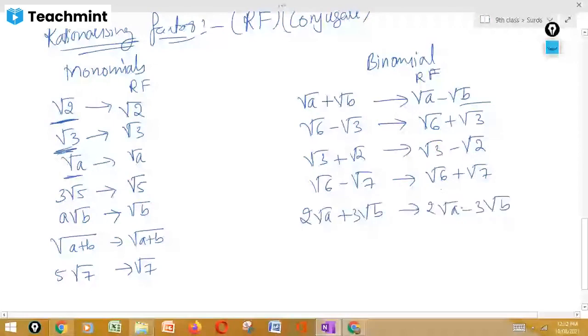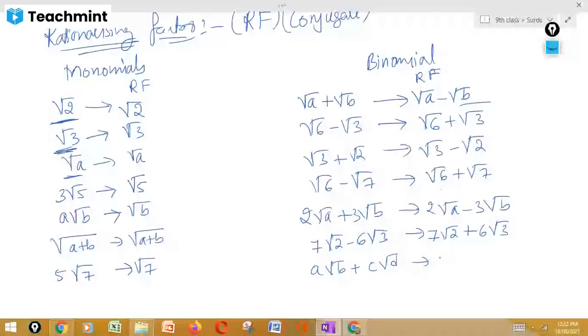Yes, sir. Now tell me the conjugate of this example: A root of B plus C root of D. The conjugate is A root of B minus C root of D. Okay, so you understood conjugate, for binomial and monomial?